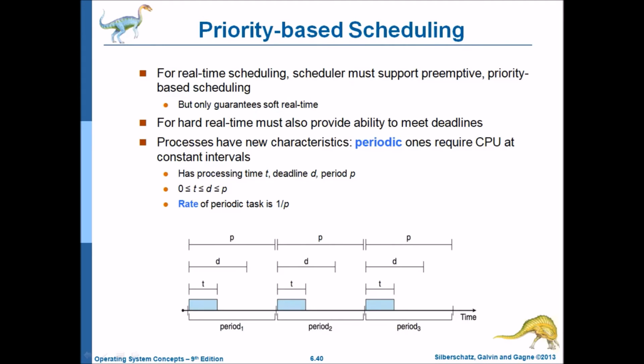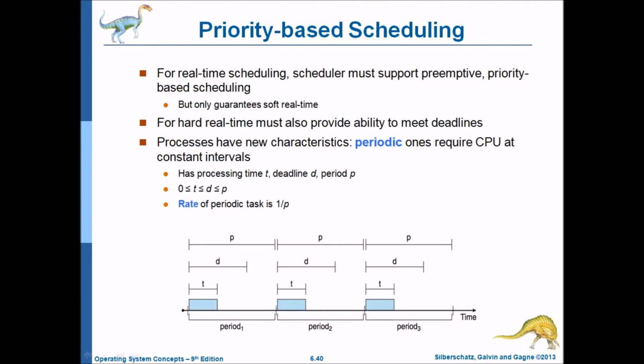Note that providing a preemptive priority-based scheduler only guarantees soft real-time functionality. For a hard real-time system, it must further guarantee that real-time tasks will be serviced in accord with their deadline requirements, and making such guarantees requires additional scheduling features.